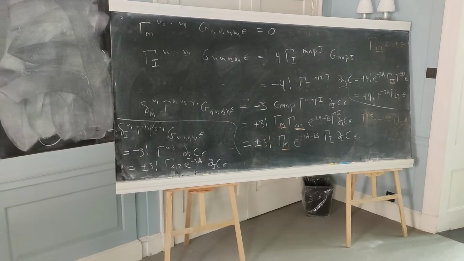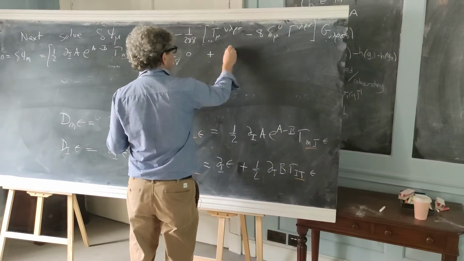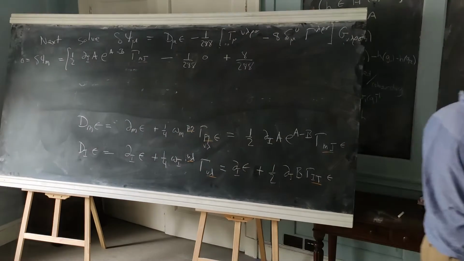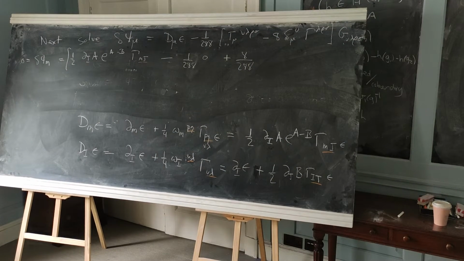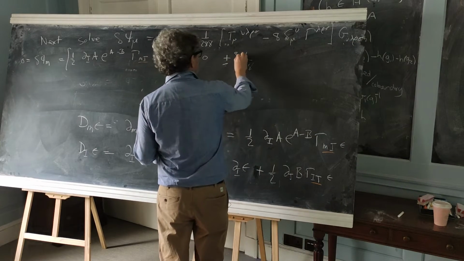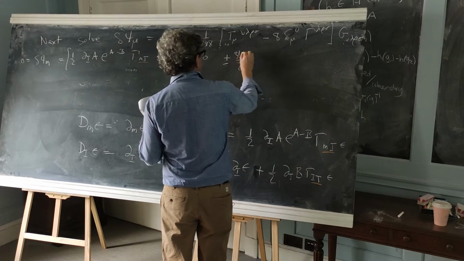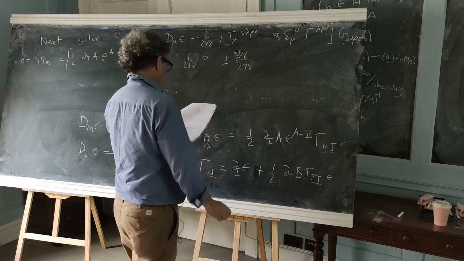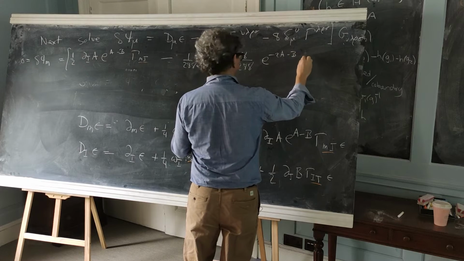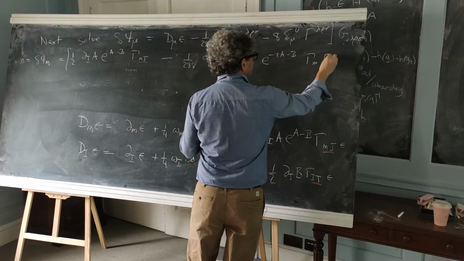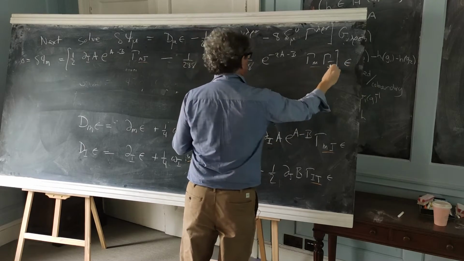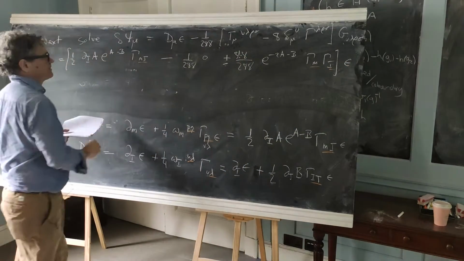That's nice. And then the next term will be plus 8 over 288. And that's this term here. So it's plus or minus 3 factorial e to the minus 2a minus b gamma m gamma I, all times epsilon.